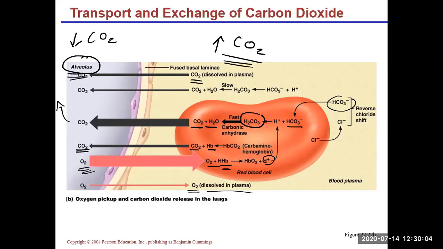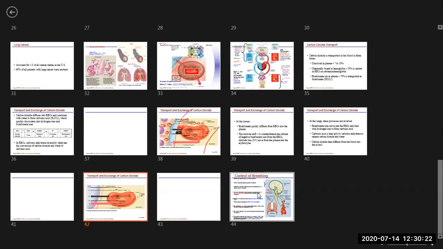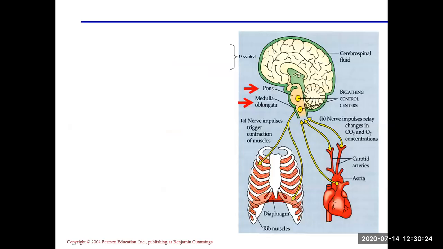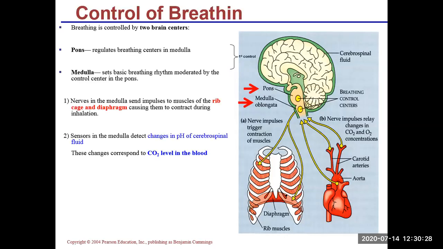Why is it that when we are exercising, your respiratory rate increases, and the opposite happens when you are at rest? So for that, we need to take a look at the breathing control mechanism, which has a little bit of physiology behind it. Okay. All right. So let's go ahead and take a look.